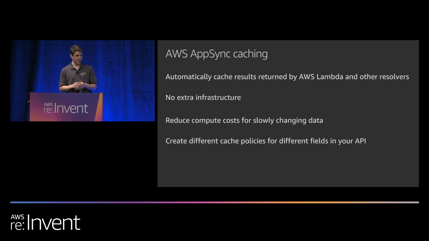From customers I've heard, this is often useful for things like catalog data or just things that change pretty infrequently. And then the last piece just says you can have different cache policies for different fields in your API, because a feed, for example, might be dependent upon who's logged in, whereas some other piece of information might need to be cached by a post ID or some other key.